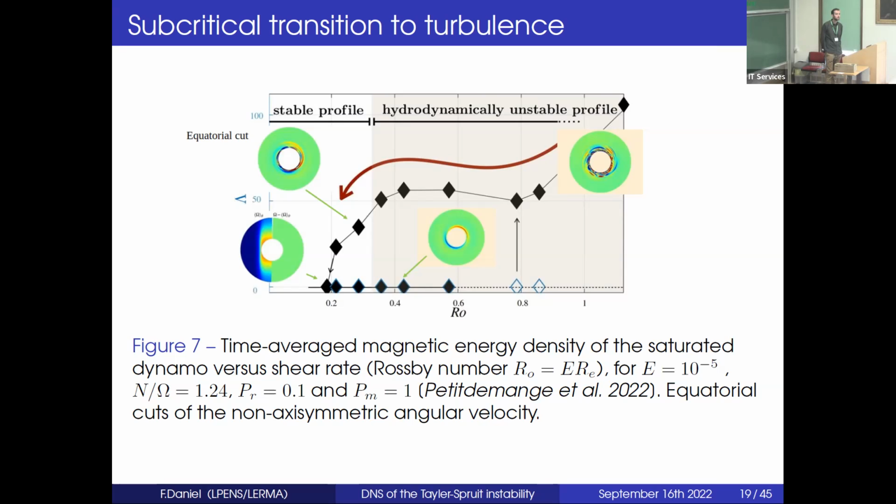But I think, yes, if you change the sign, it's going to change the regime. Yeah, but it wouldn't necessarily change the Taylor instability. That's kind of why I was wondering if you tried it. Not very helpful.